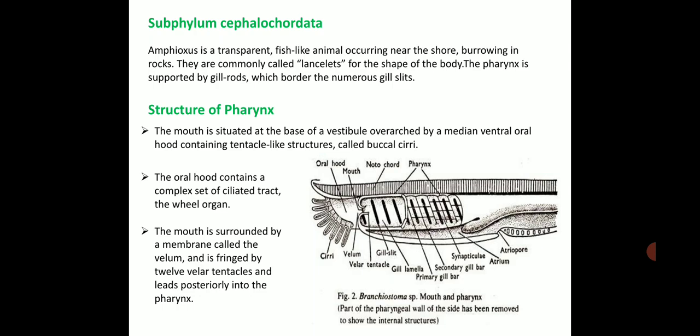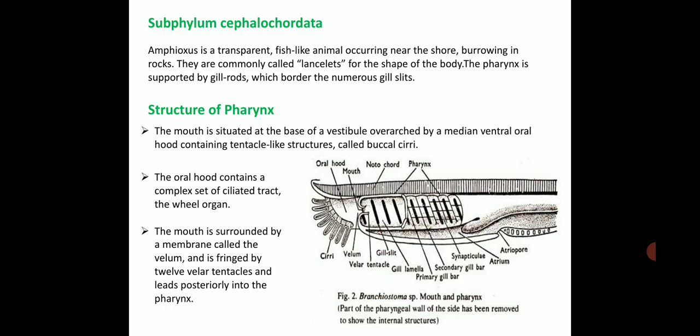Coming to the structure of the pharynx, the mouth is situated at the base of the vestibule, which is overarched by a median ventral oral hood containing tentacle-like structures called buccal cirri.